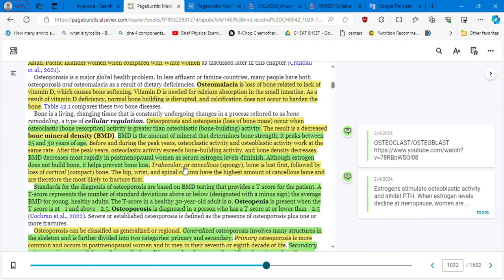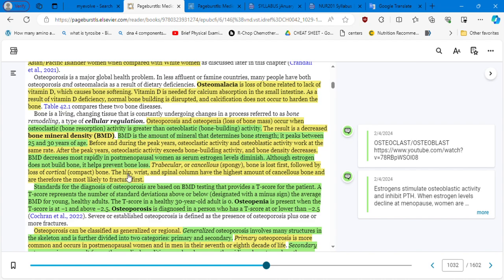Trabecular or cancellous spongy bone is lost first, followed by loss of cortical compact bone. So we have the bone marrow inside, and following that, outside, we have the trabecular, which is the spongy part, and then outside of that is the cortical bone, the compact bone. So trabecular is the one that is going to be affected first.